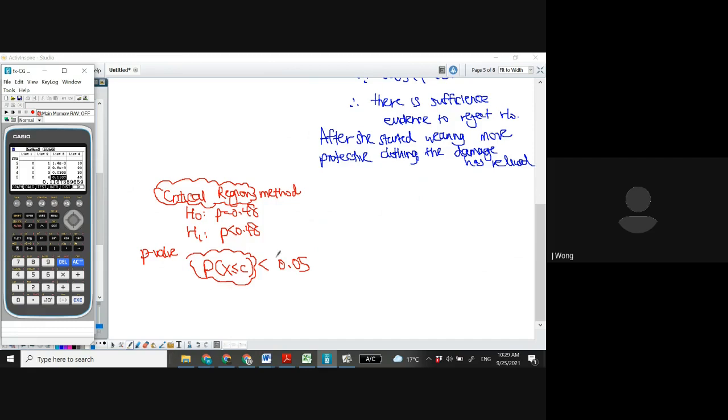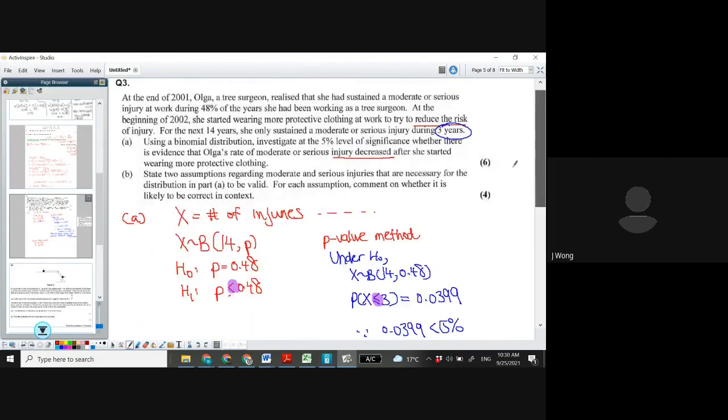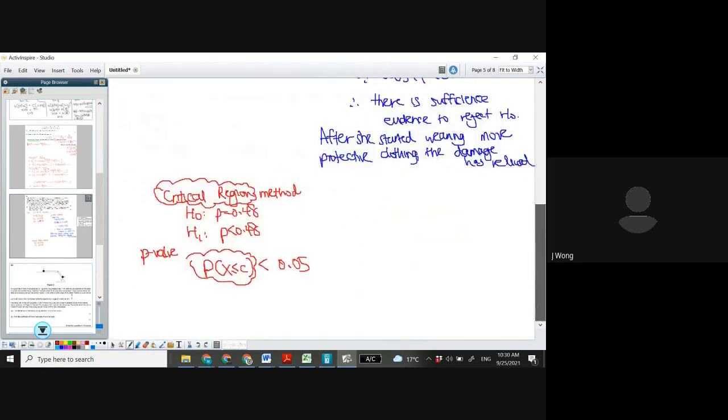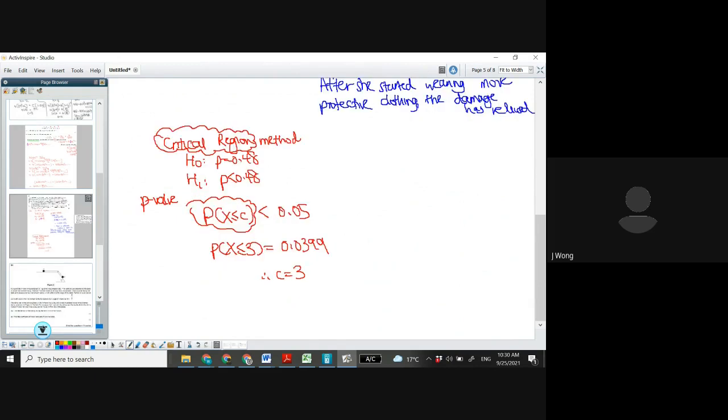So the probability of x less than or equal to 3 is again the same value, 0.0399. Therefore C is 3, which is the critical value.